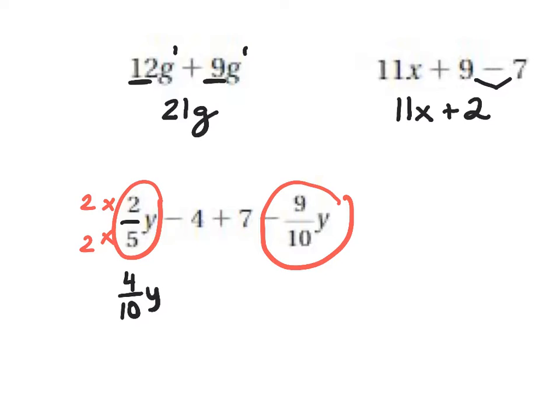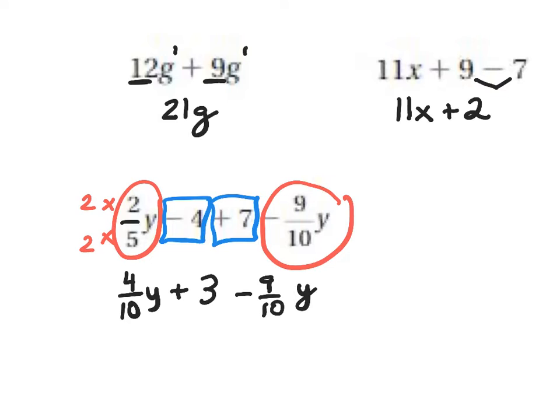I can now combine these because I know minus 4 and a positive 7, they're different signs, so I subtract. So 7 minus 4 gives me 3. Keep the sign of the larger number. And I'll just rewrite this as is. So 4/10 y minus 9/10 y.